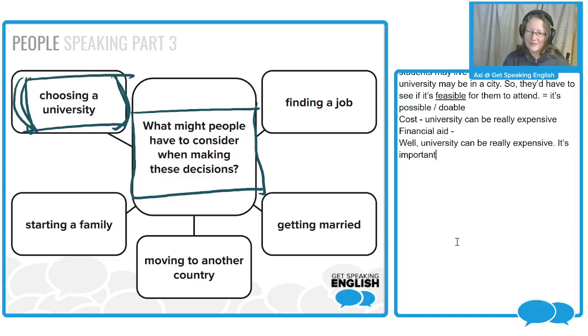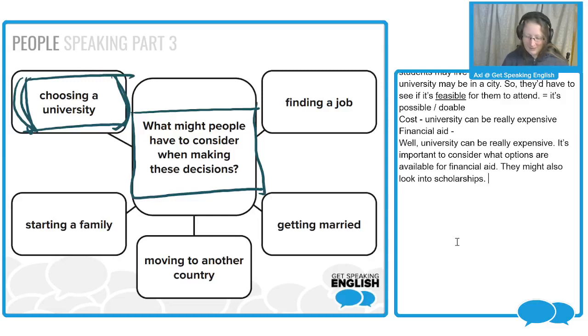It's important to consider what options are available for financial aid. That could be something, right? They might also look into scholarships.